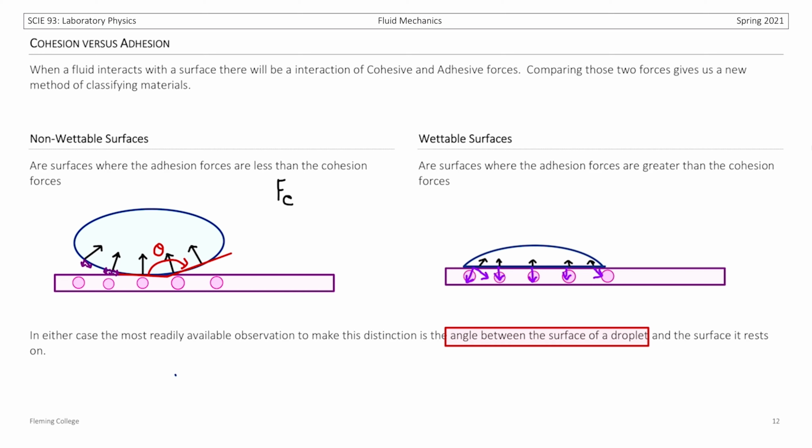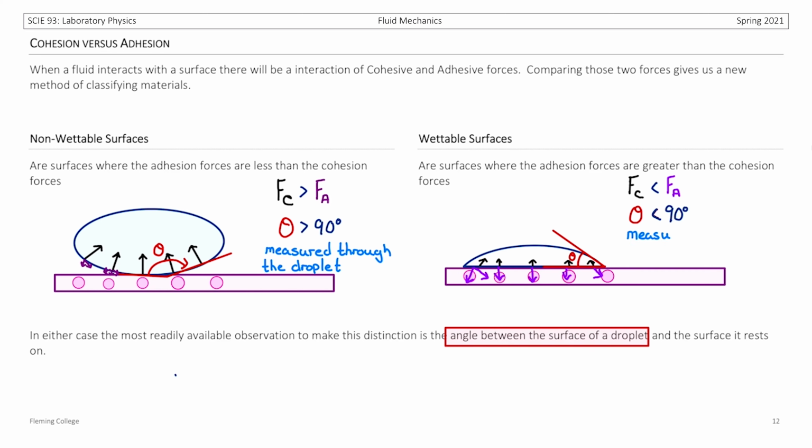But if our forces of cohesion are greater than our forces of adhesion, then our angle will be greater than 90 degrees. Comparing that to a wettable surface, our force of cohesion is less than our force of adhesion. And in this case, our angle will be less than 90 degrees. Again, the angle is measured through the droplet.